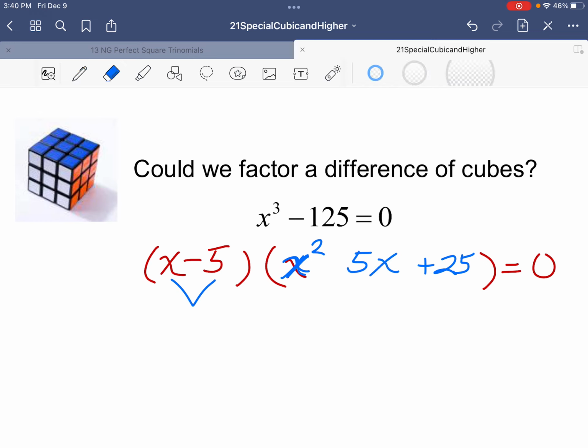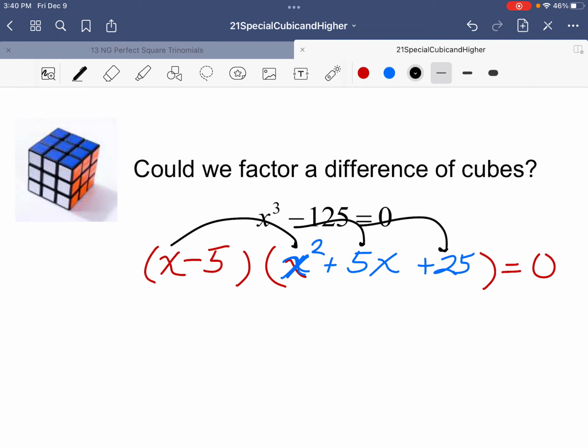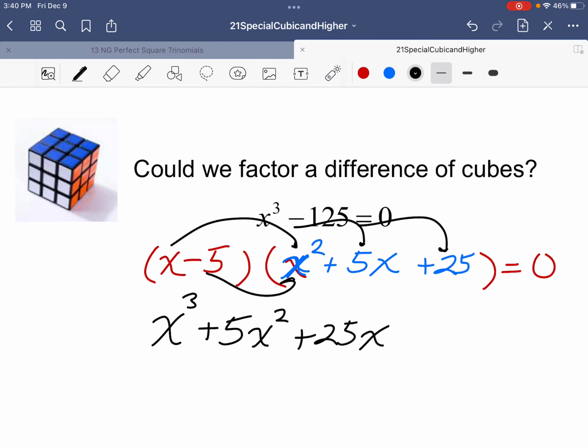There does have to be a subtraction sign right here, and an addition sign, which we will talk about soon as to why. But I just want you to agree with me that if you actually multiplied all of this together, if you turned it back into its original form, you 100% would end up with what we started with.